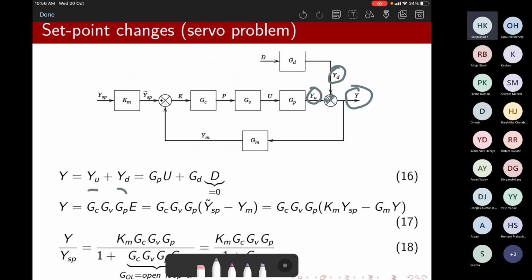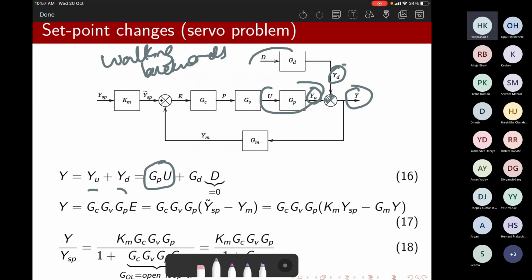Now I can go one more step back. It is like walking backwards, always working backwards or solving backwards. So yu is u times gp, and yd is d times gd.